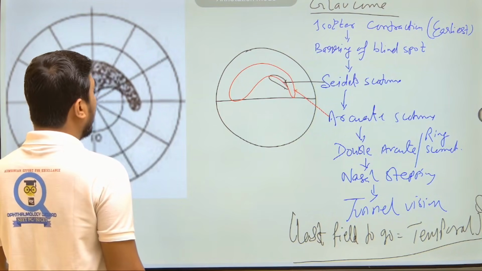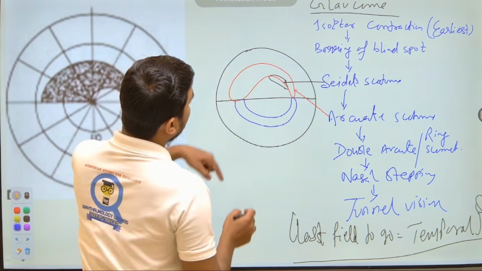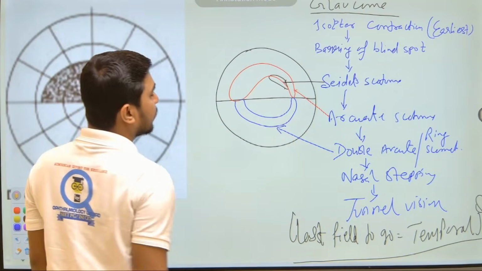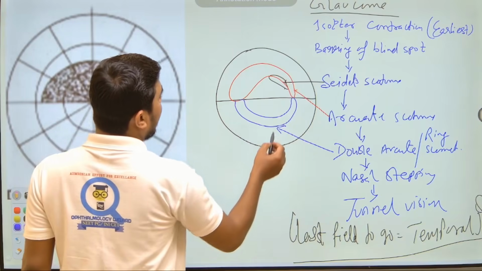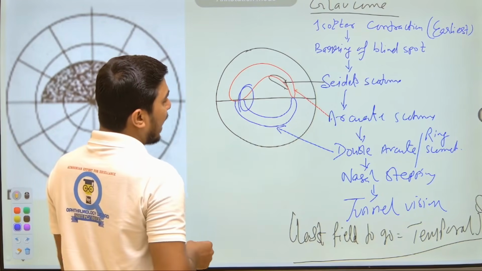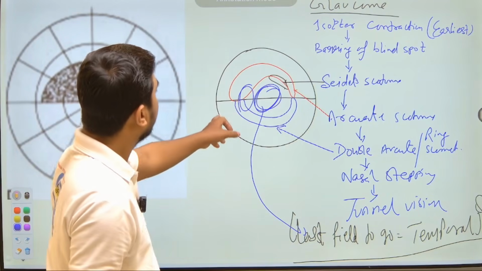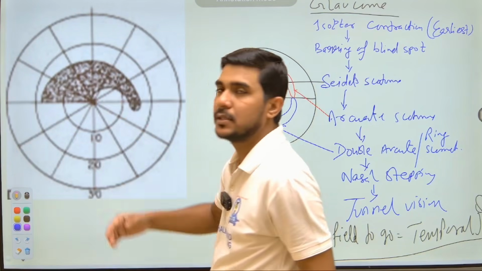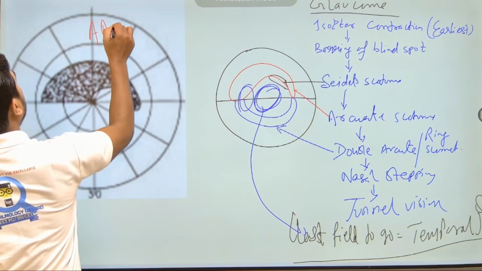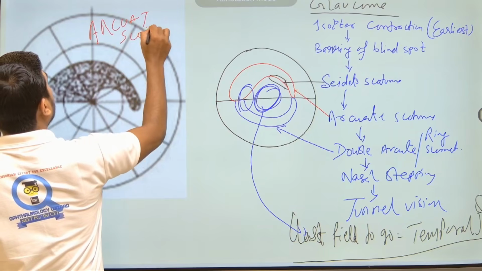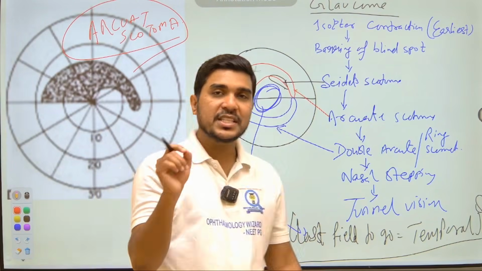If the arcuate scotoma spreads like this, it is called double arcuate scotoma, or ring scotoma. Then there is nasal stepping, and then it becomes a very small tunnel vision. Understood?